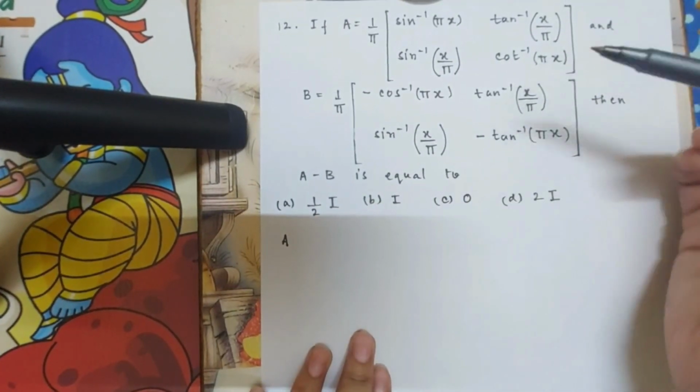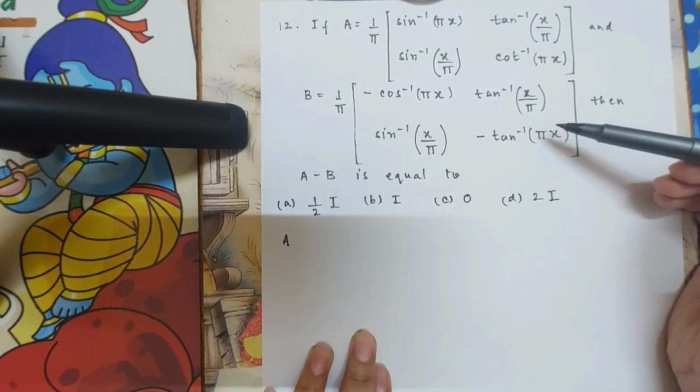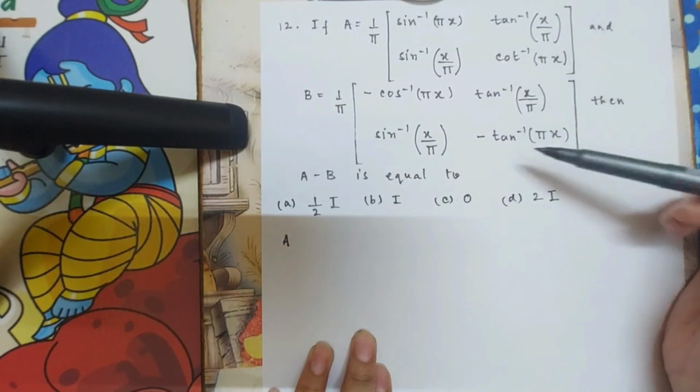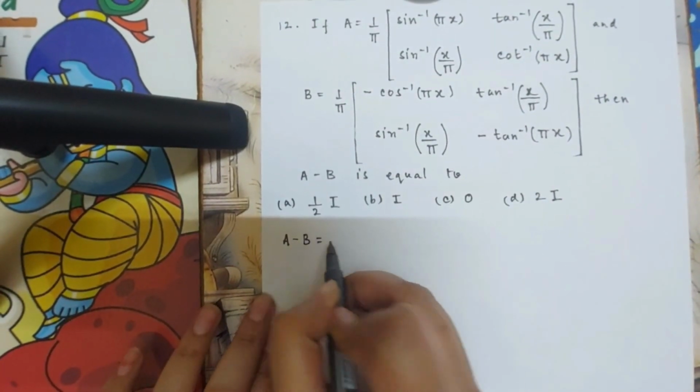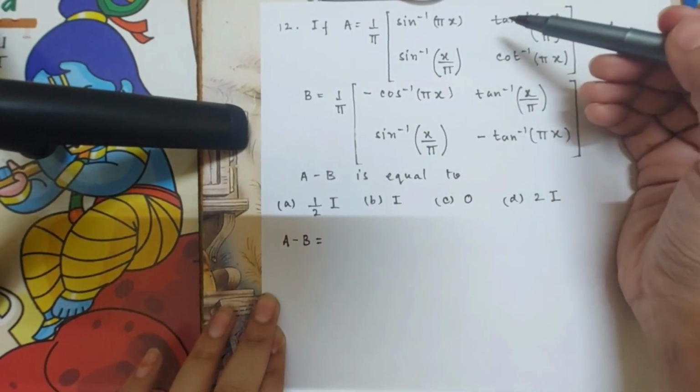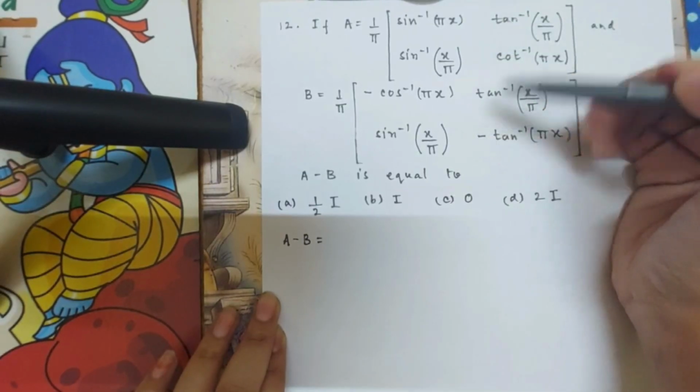So here we need to subtract these two matrices and tell what is the value of A minus B.